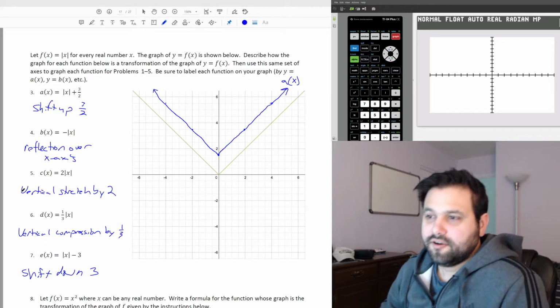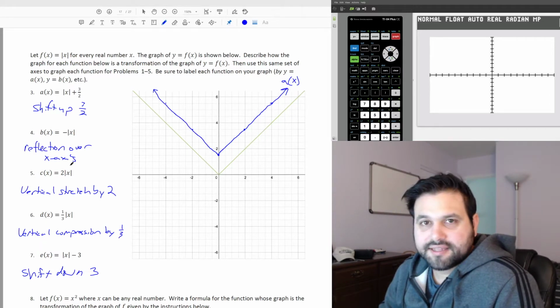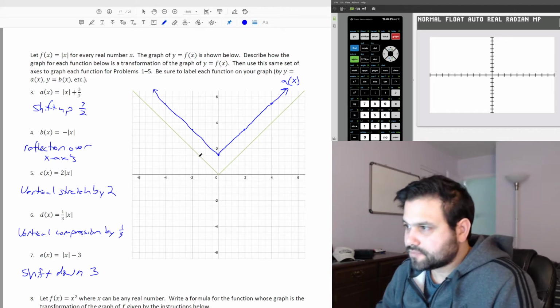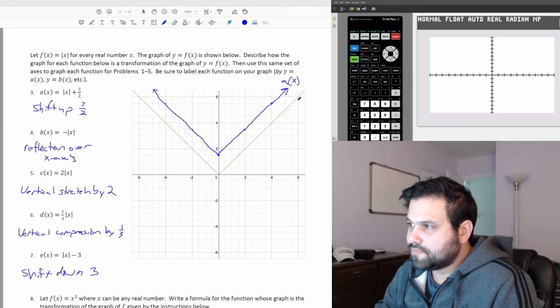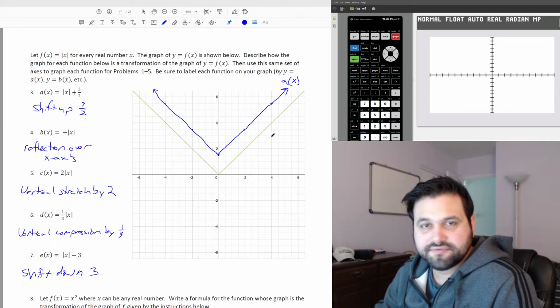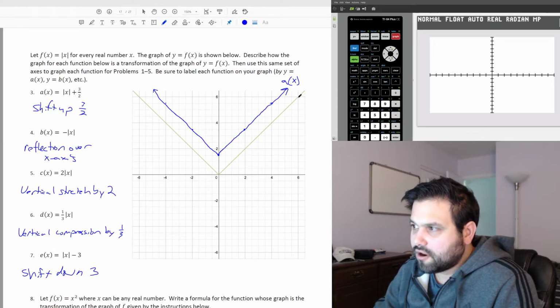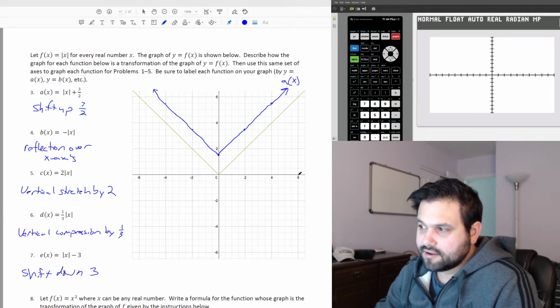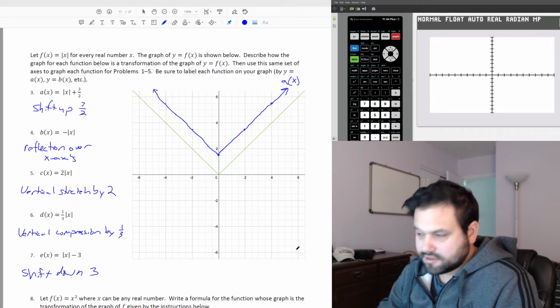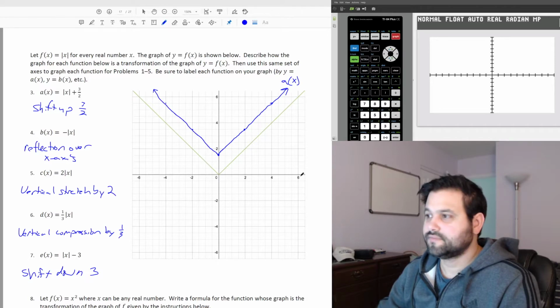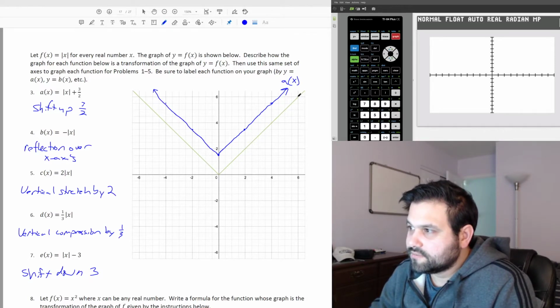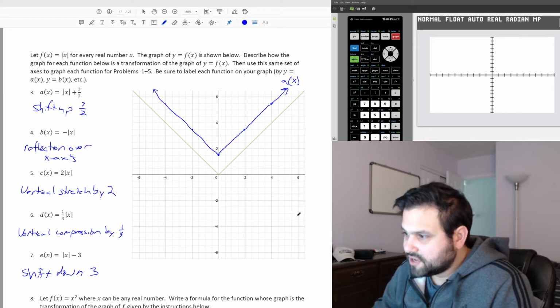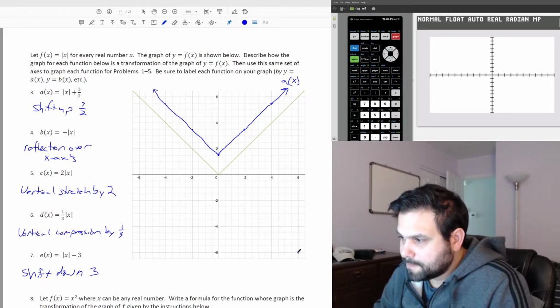Okay? For B of x, we're going to reflect this over the x-axis. So I'm going to take the points on the original function, see how far they are from the x-axis, and go that same distance on the other side of the x-axis. Here it's 6 units above, so I'm going to move it 6 units below.